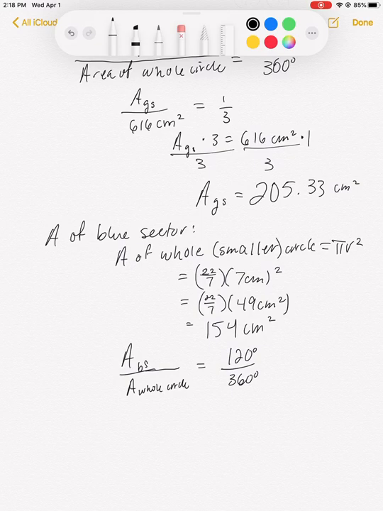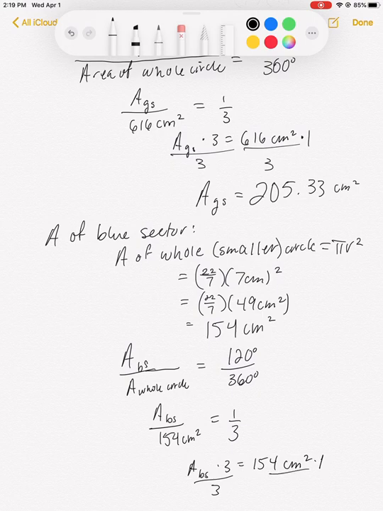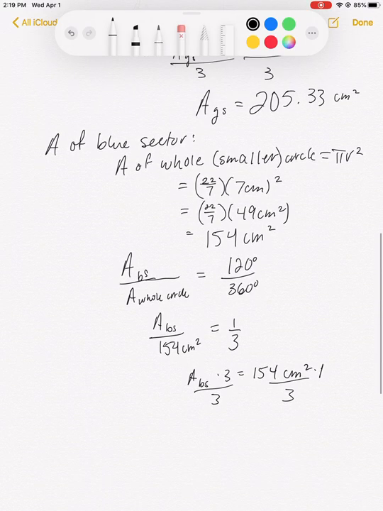And so we have area of the blue sector divided by 154 centimeters squared is equal to 1/3. So area of blue sector times 3 is equal to 154 centimeters squared times 1. Okay, we divide by 3 on both sides, and then the area of the blue sector is equal to 154 divided by 3.